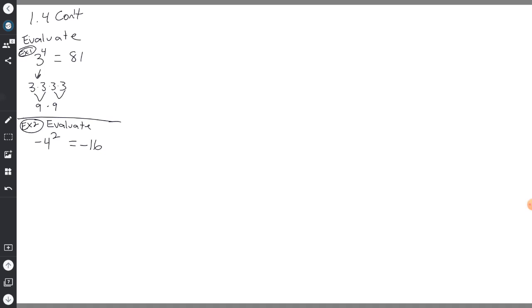You have to be careful also not to use the minus sign. Even though minus and negative is the same thing, you can't use the actual minus sign when you have it there.